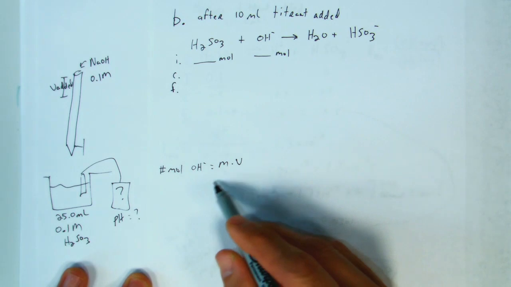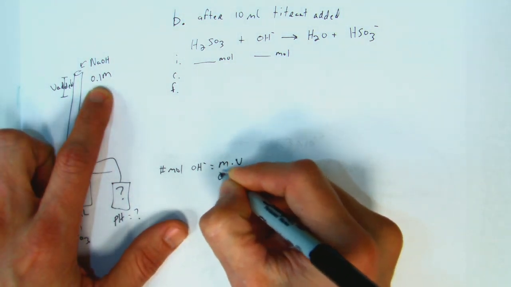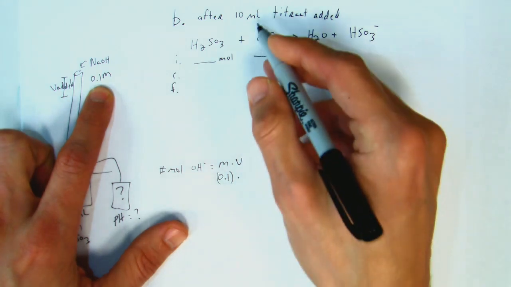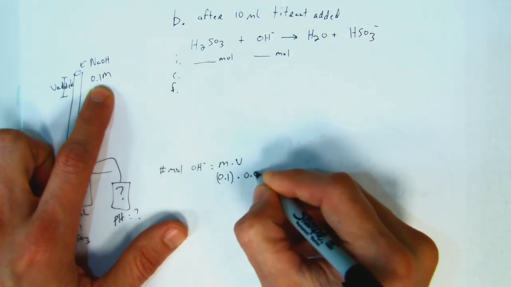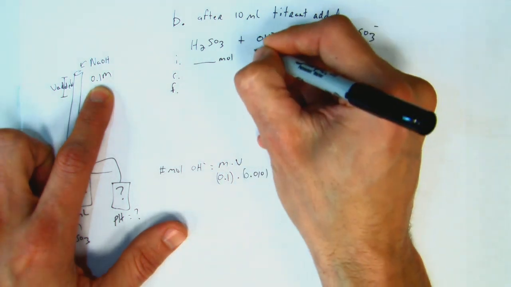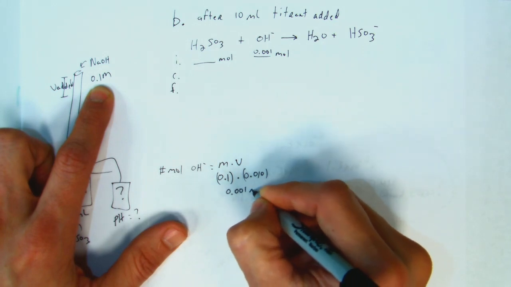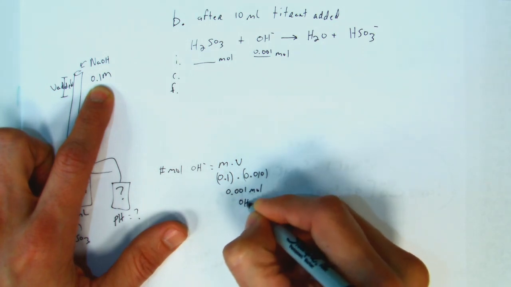Sure, all we need to do is multiply molarity times volume. My molarity was 0.1 moles per liter for my titrant. And in this particular case, I added 10 milliliters, which is 0.010 liters. So it seems like I've got 0.001 mole of my titrant added.